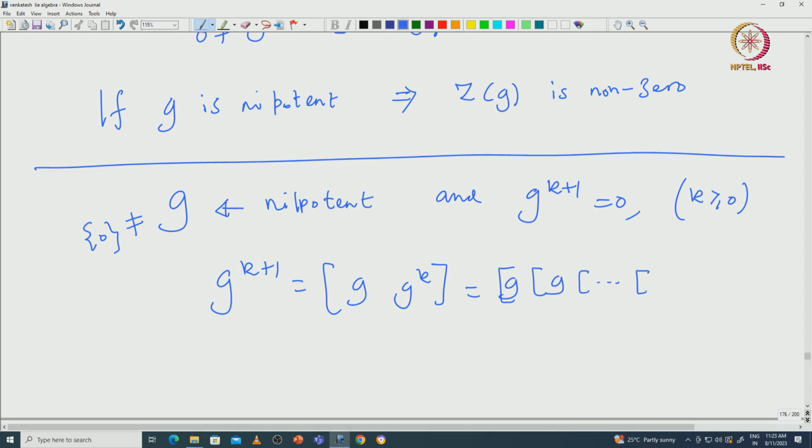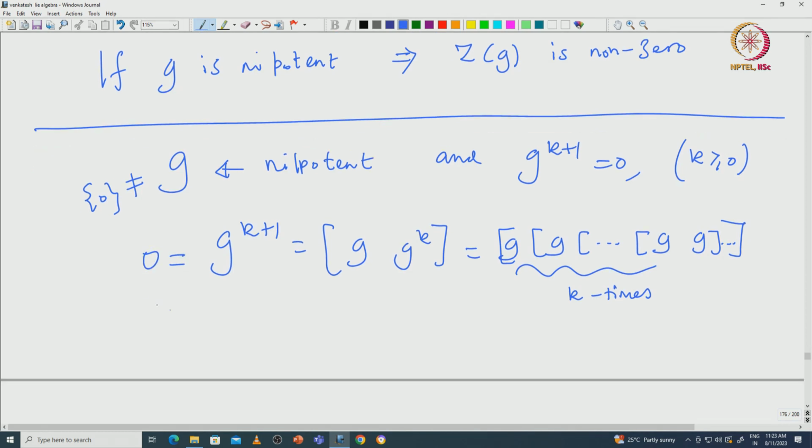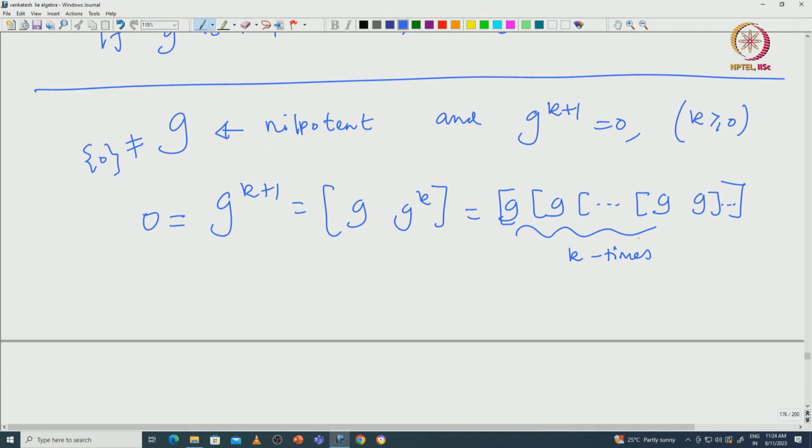You will be taking successive brackets k number of times and then acting on G. Okay. And this being 0 tells you that if you take the successive brackets k number of times, then you will be getting 0.